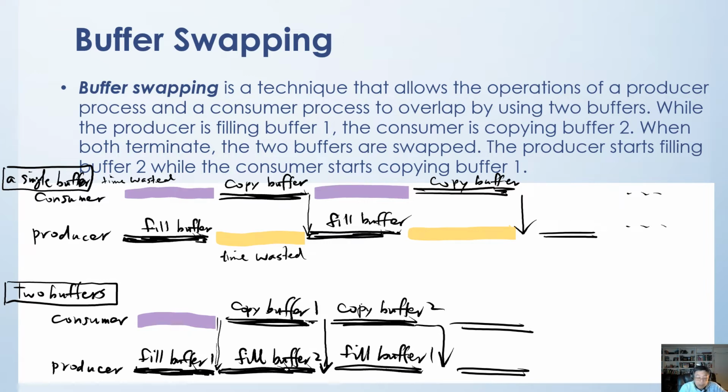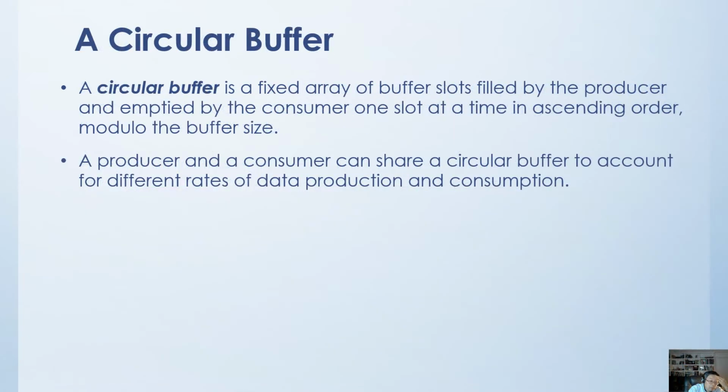So in this case, both consumer and producer are busy, except for the initial time. That's the advantage of using two buffers, and that's called buffer swapping. It's very efficient.